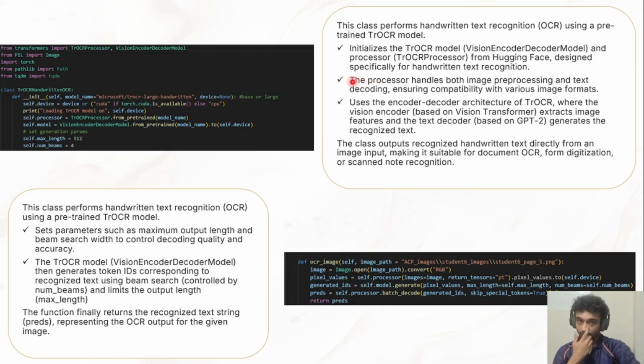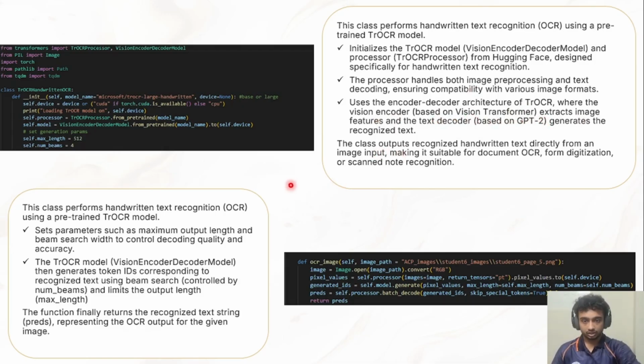The processor handles both image preprocessing and text decoding. So it has its own image preprocessor, and it decodes the text and understands what is written, right? This encoder decoder architecture of TrOCR has two components: the vision transformer is the encoder, and the GPT-2 based model is the text decoder.